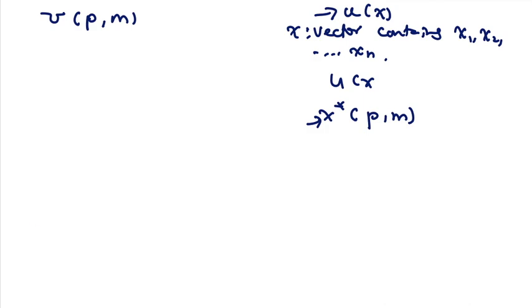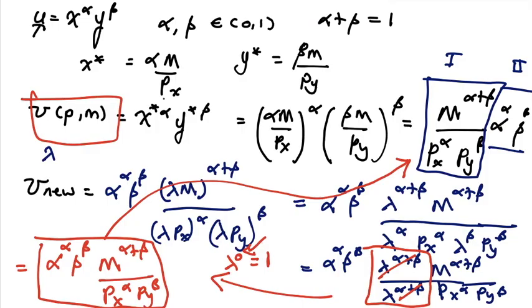You have seen it earlier in the Cobb-Douglas function. Let me recall back. When you found X star and also Y star, it is a function of M and P. So what you did just now is put it back into the direct utility function like this. Then you get indirect. So here, X is a function of price and income. Y here is a function of price and income. These two contribute to the bundle. Okay.